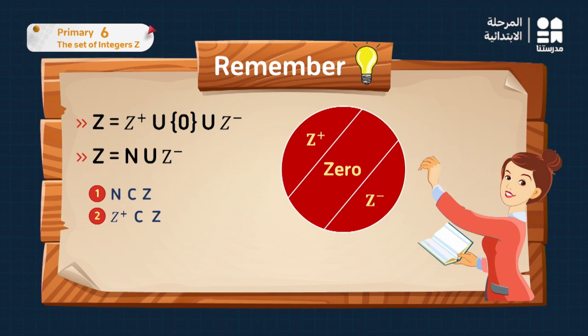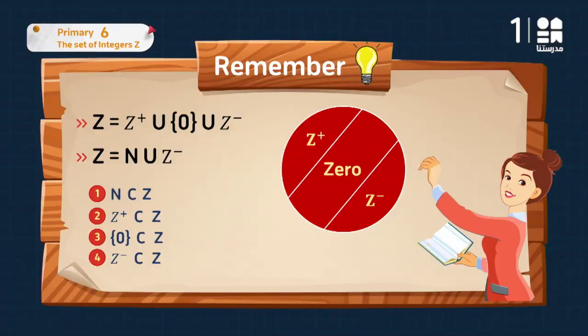Z positive subset Z. Yes, Z positive is a part of Z, the set of integers. 0 subset Z: 0 is a part of the biggest set, the set of integers. Z negative subset Z. So N subset Z, Z positive subset Z, 0 subset Z, and Z negative also subset Z.